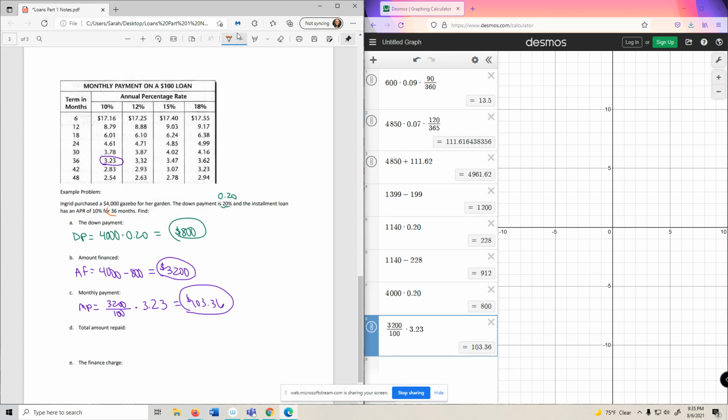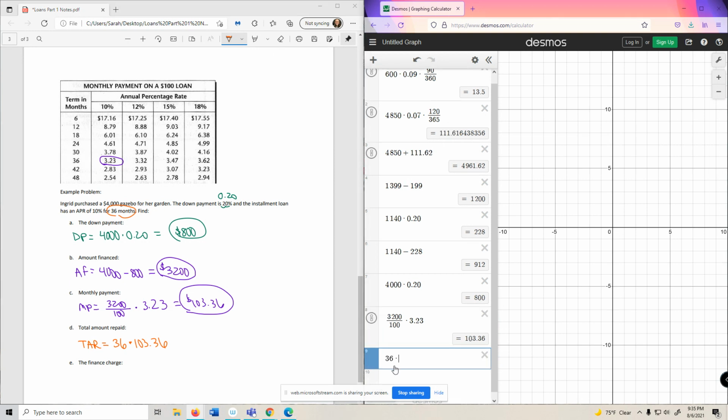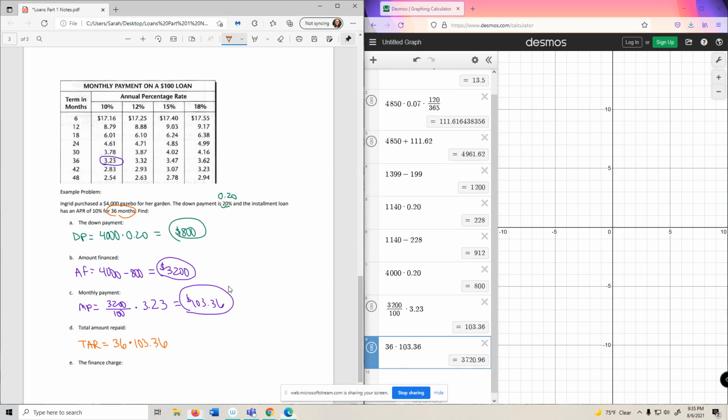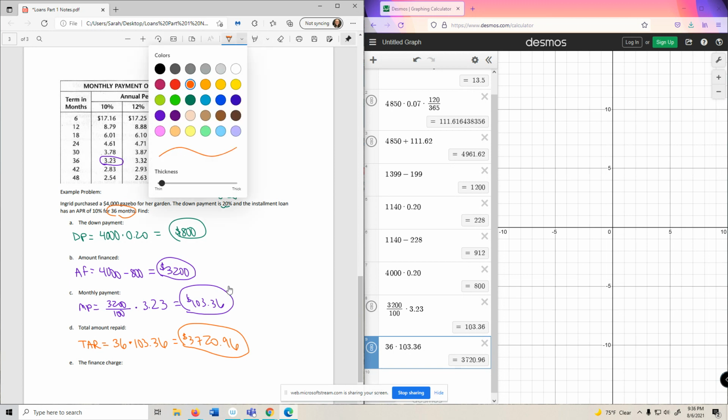Since it's a 36-month loan, the total amount repaid is 36 times the monthly payment, and we get $3,720.96. That's how much she will pay the company for the gazebo on this loan, not including the down payment. This is on top of the down payment.